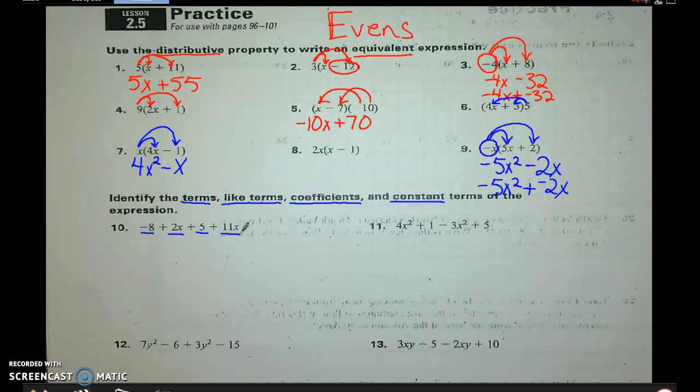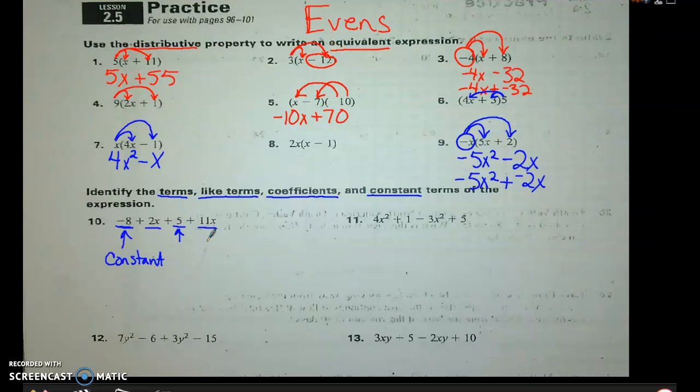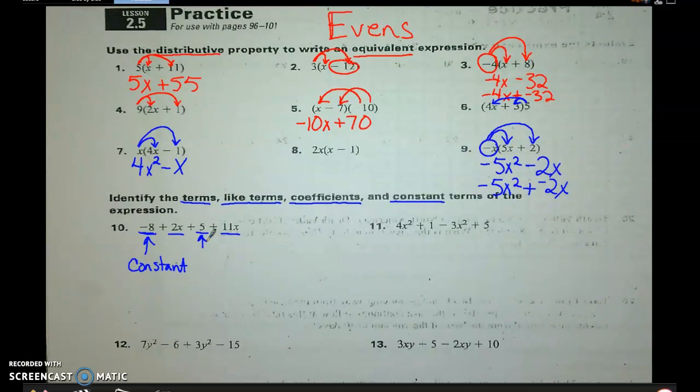Okay, so when I look at those, I can see that negative 8, it's a constant. Okay, so that one is a constant. Okay, I also see that 5 is a constant.